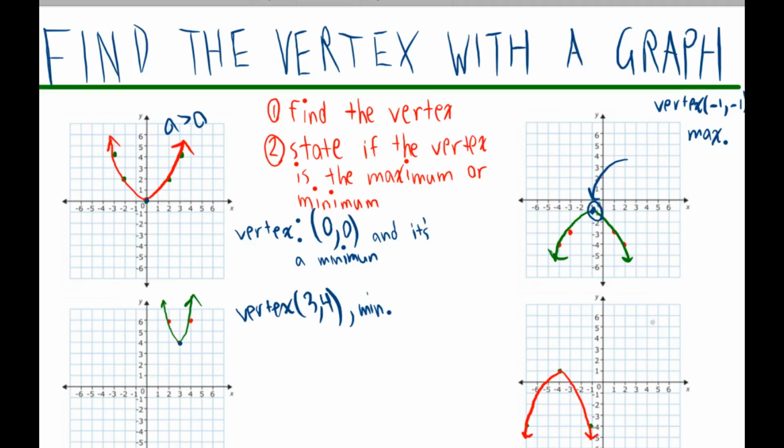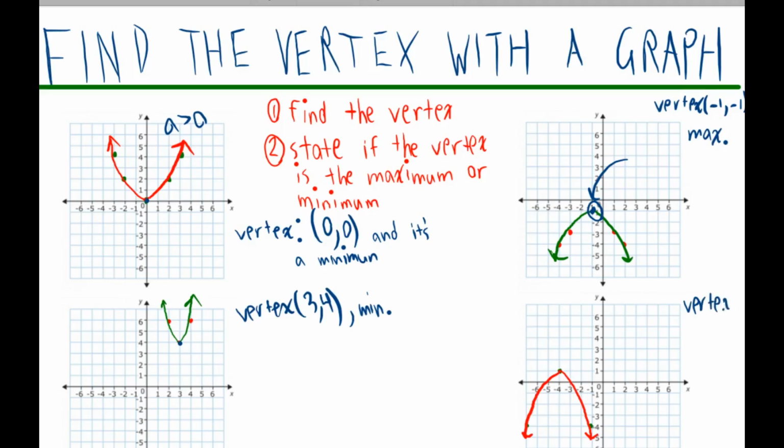Try this one too. Alright, so is this the top of the mountain or the bottom of a valley? The top of a mountain. So let's find what the coordinates are first. We have -1, -2, -3, -4, 1.